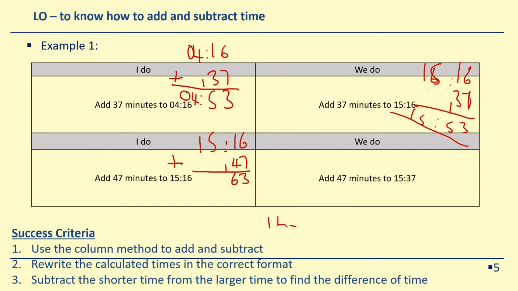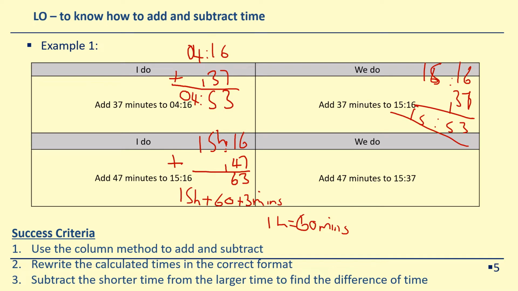1 hour is equal to 60 minutes. Now to clear this up in our minds, we just need to break that down. So if we've got our hours of 15, if we write 15 hours plus, separate the minutes, 60 plus 3, this will now help us to write our final answer.